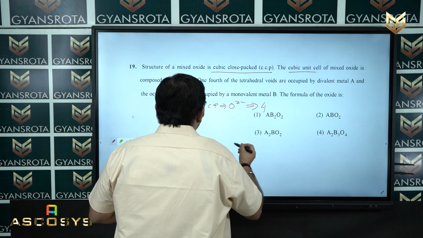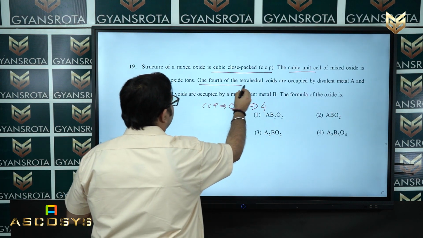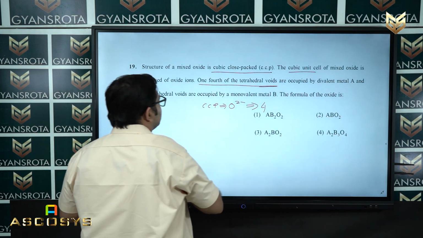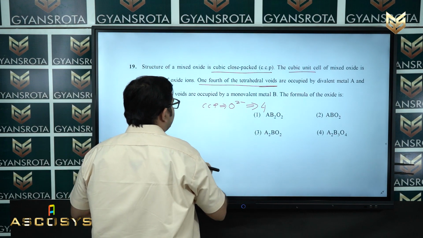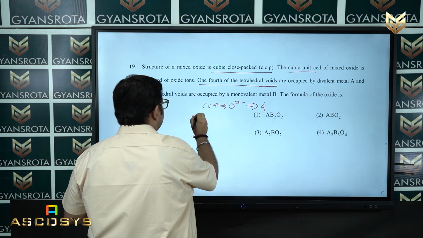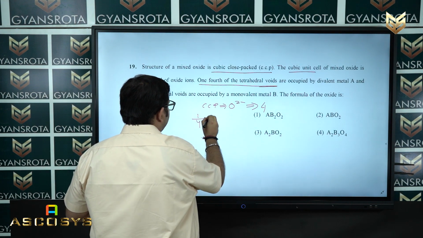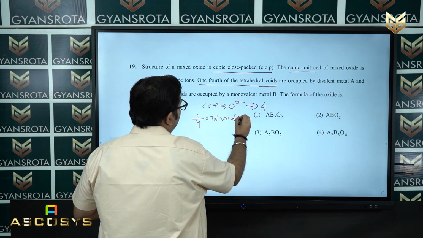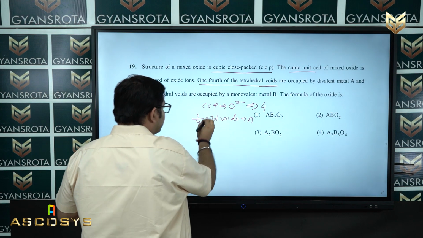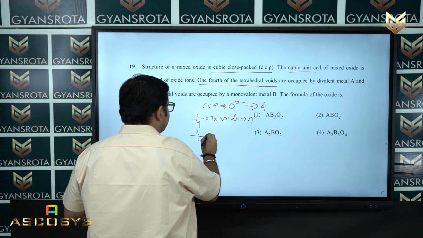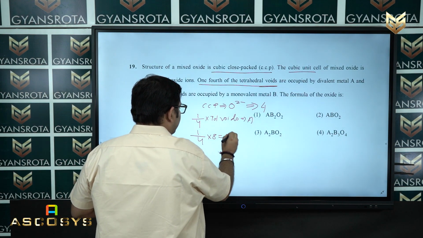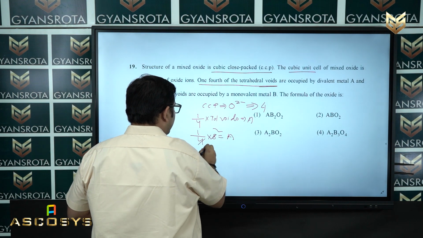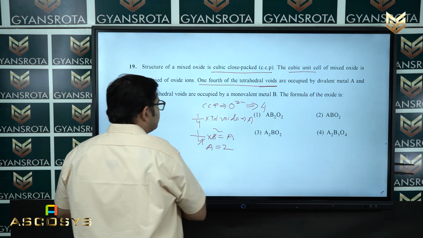Now 1/4 of the tetrahedral voids are occupied by A. How many tetrahedral voids are there? That is 8. So A will be 2. So A equal to 2.